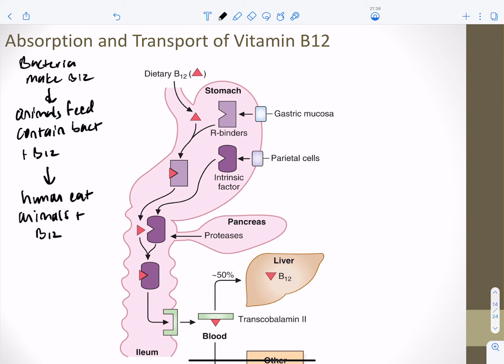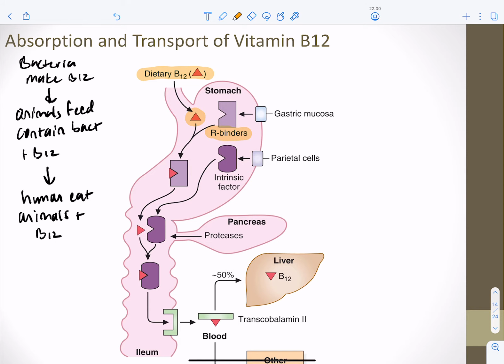Absorption is going to be very complex. Vitamin B12 can be either free or bound to proteins. If it's free, vitamin B12 binds to proteins known as R binders. So here we have dietary B12, and this is showing that it's free. And so it's going to bind to what's called an R binder.